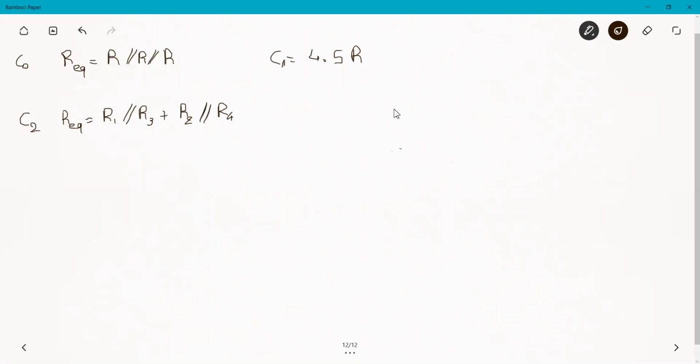Sorry, I don't understand why when it's 2R in parallel with 2R, it's R. Sure, let's do it quickly. Isn't it 2R times 2R? Oh, sorry, no, I'm confused.